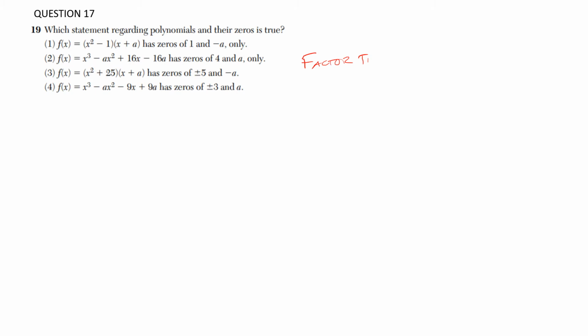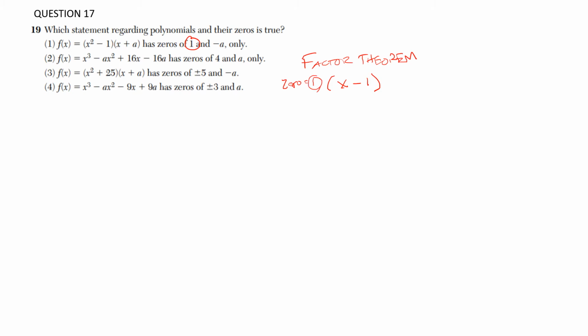The idea is if you have a zero of 1, meaning it's a solution, then one of the factors has to be x minus 1. When you do the long division of that polynomial, you'll get no remainder. Another way to think of it is if you graph it, it should cross the x-axis at 1.